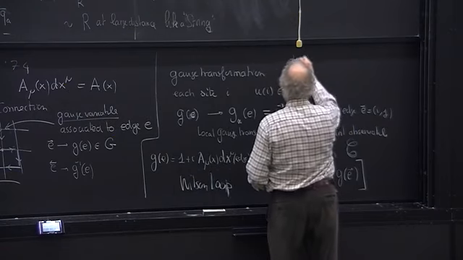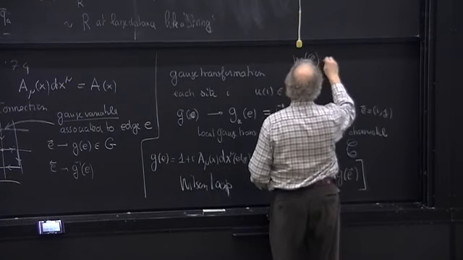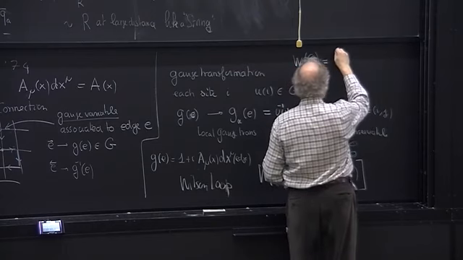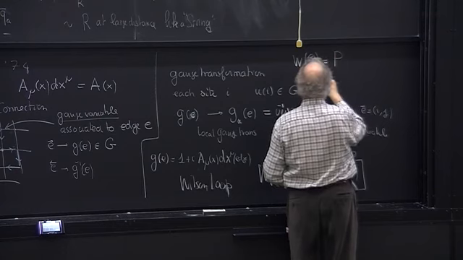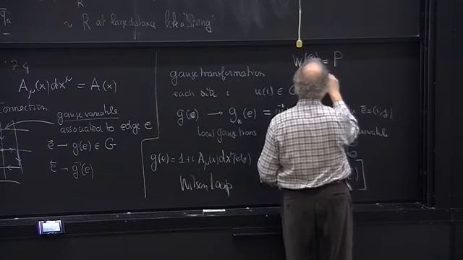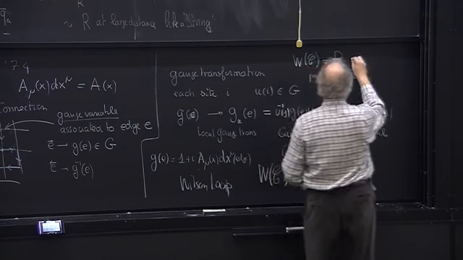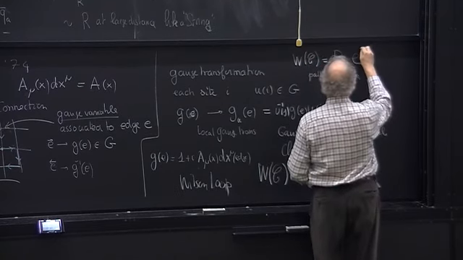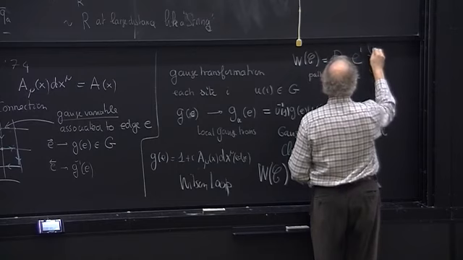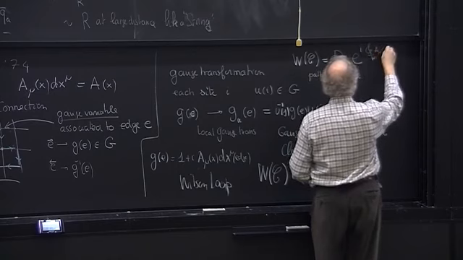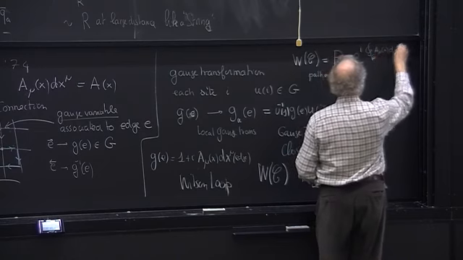They are defined as the path ordered product, let's write P, of the exponential of i integral over the contour of A mu of x dx mu.